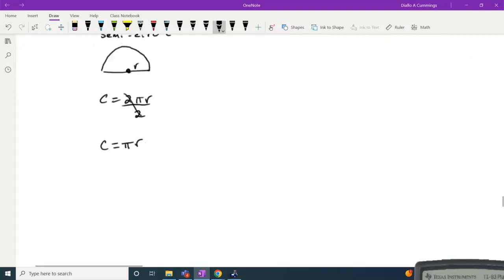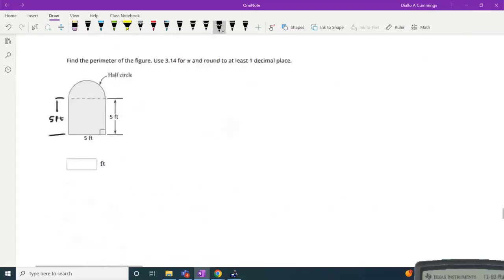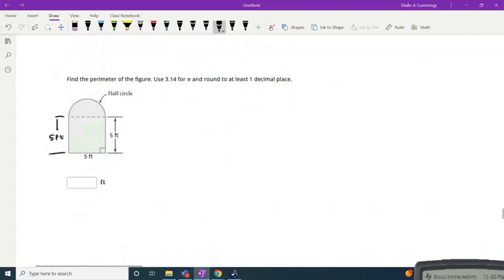So we're going to go back to our figure, and I'm going to calculate the circumference for the semicircle. So the semicircle is equal to pi times r. I'm going to substitute pi for 3.14. I'm going to substitute r for the radius.